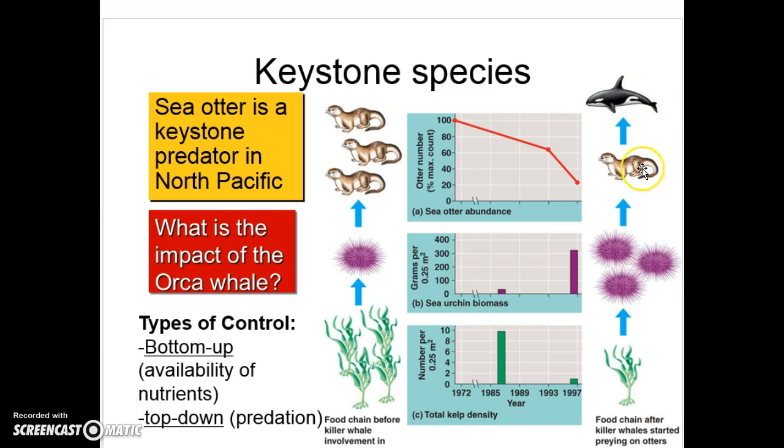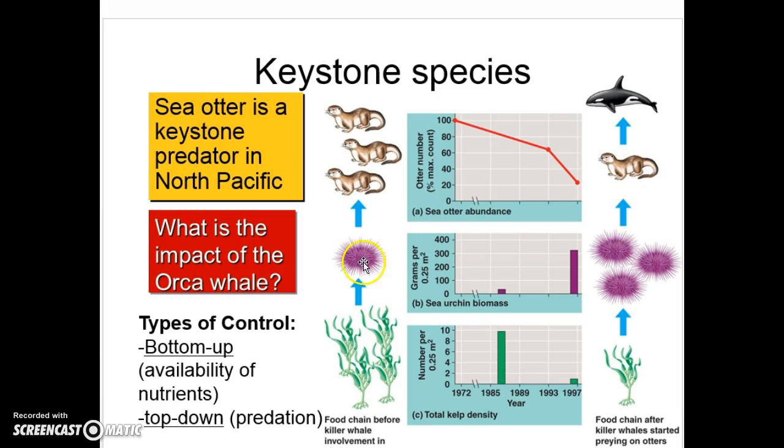So when it's healthy, when there are the correct number of sea otters, then we have killer whales controlling the size of the sea otter population, which is eating the sea urchins, which are actually consuming the algae here. So this is a balanced side when the killer whales are controlling it.